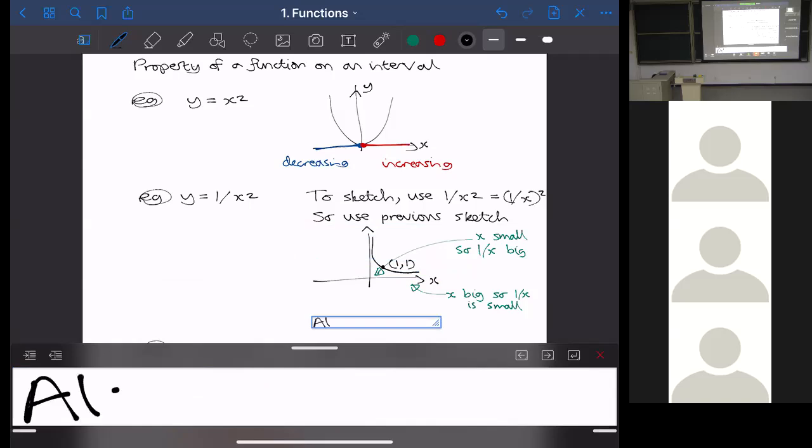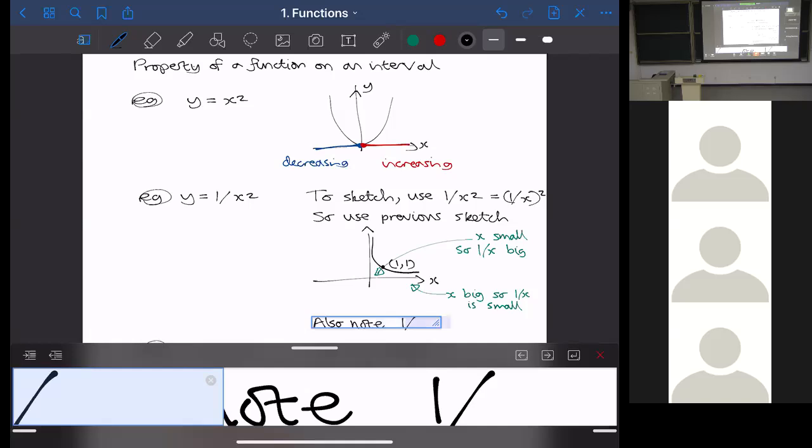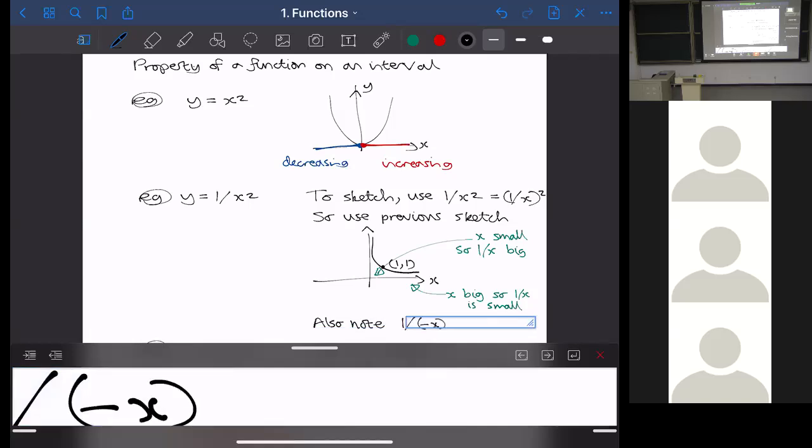And also note that if I know the value of y for x, then I also know the value of y for minus x, because 1 over minus x squared equals just 1 over x squared.